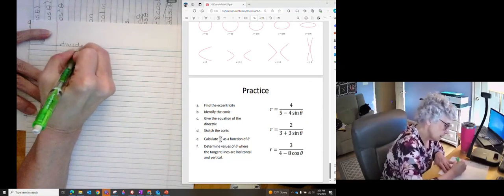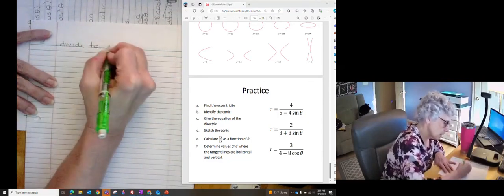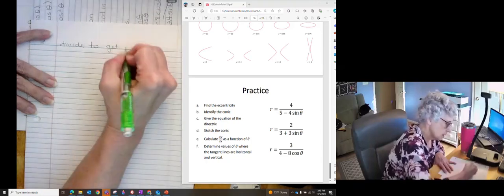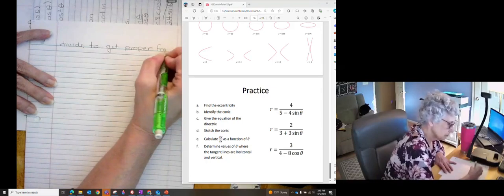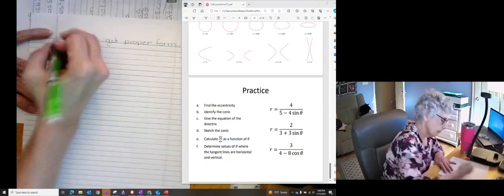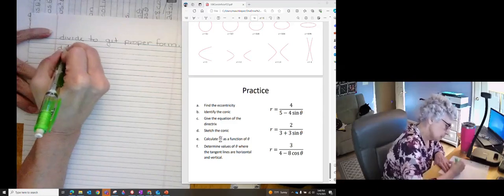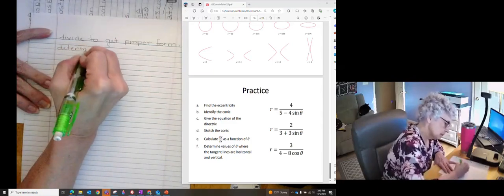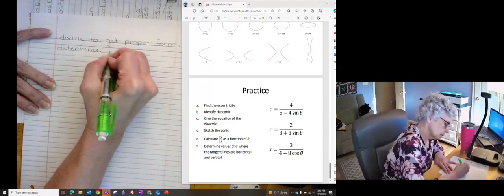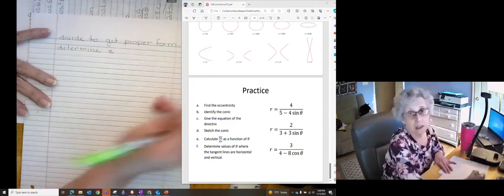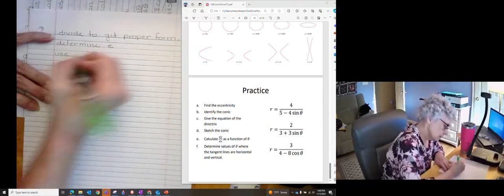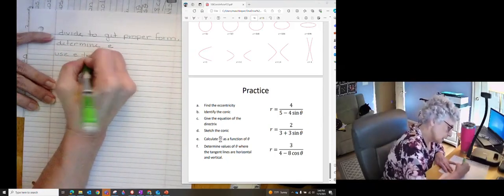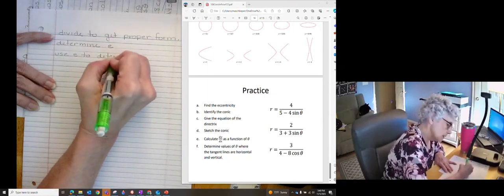So divide to get proper form. You determine your eccentricity. It's the number sitting right next to the trig function. Use e to determine the type of conic.